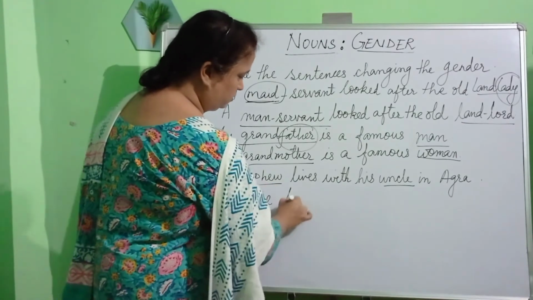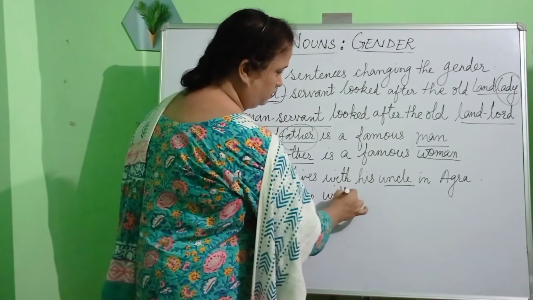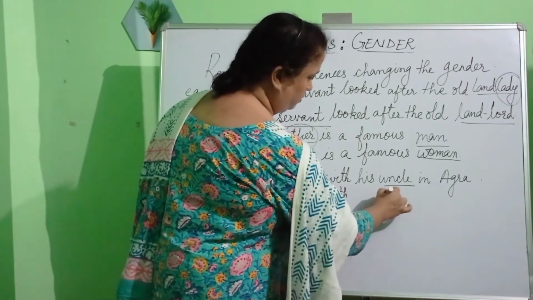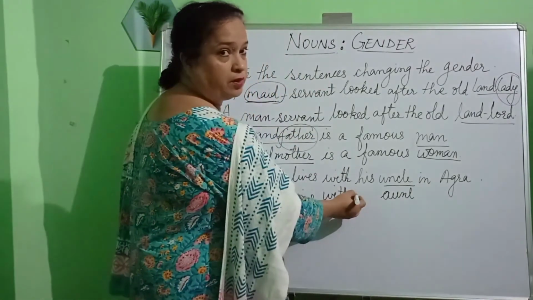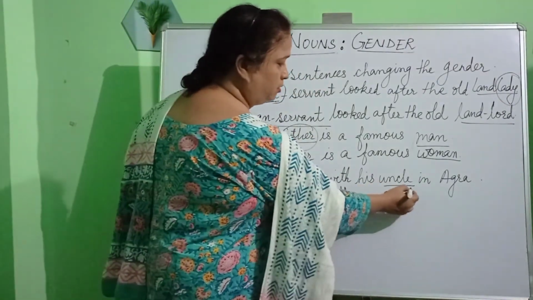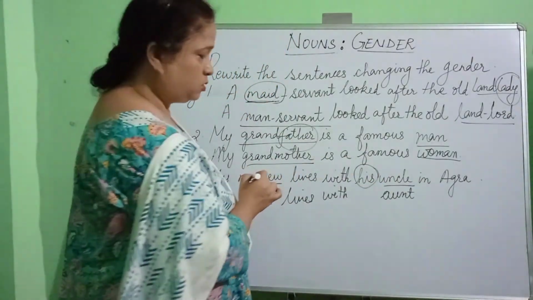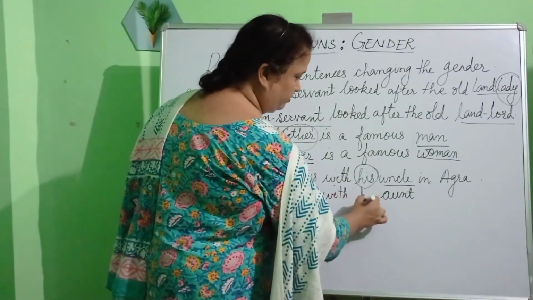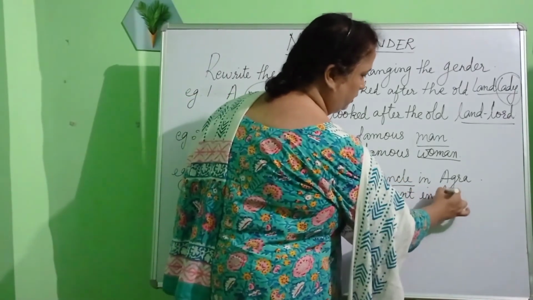My niece lives with aunt. Now, if I write his over here, it's going to be wrong. Since I'm changing the gender from uncle to aunt, I need to change the pronoun also. So, instead of his, I will be writing her aunt in Agra.